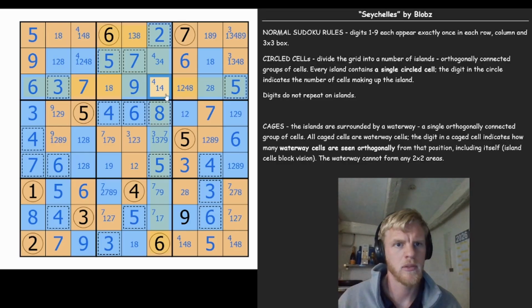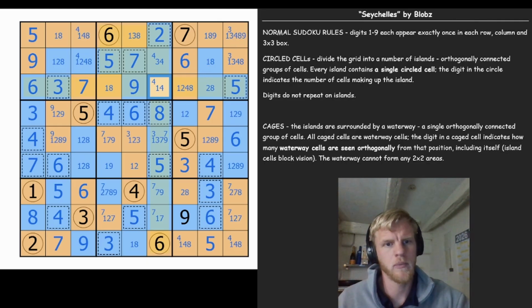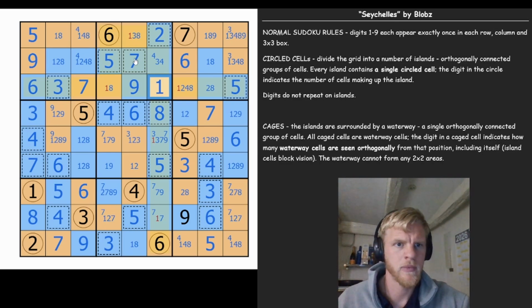Same goes for the 4. If we put a 4 in here, it can't go on the island, but it needs to be on island here. Because it can't be here. Yeah, so this is not a 4. This is a 1.